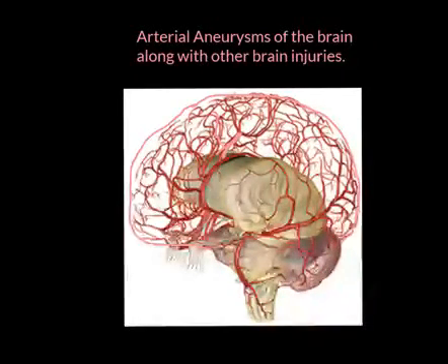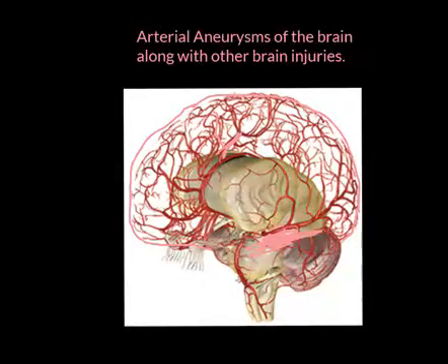So like let's say this artery got bigger and then bigger, and in some cases they burst and there's a bleed. So the blood can pool right here, and when it does that, you have to remember that the brain is an enclosed structure inside the skull.